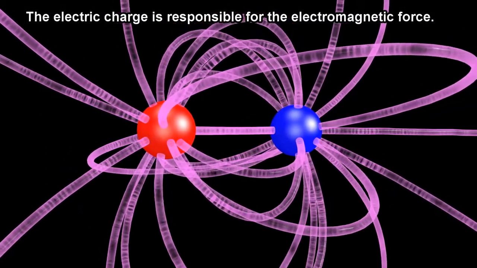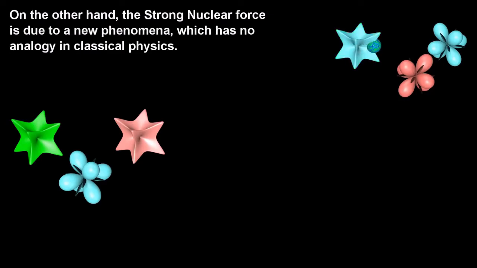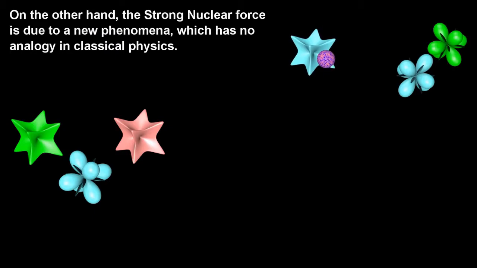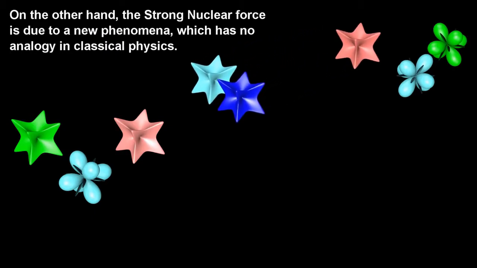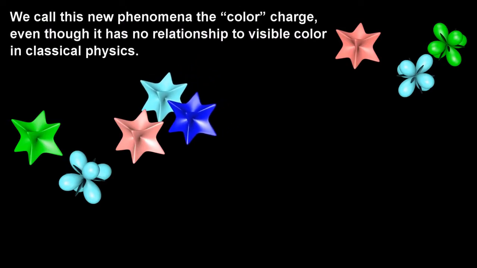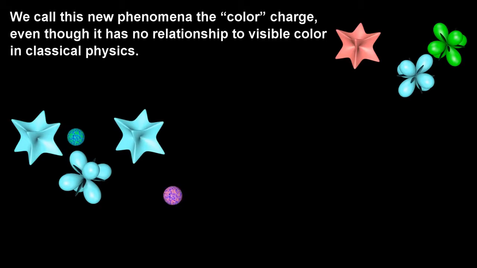The electric charge is responsible for the electromagnetic force. On the other hand, the strong nuclear force is due to a new phenomenon, which has no analogy in classical physics. We call this new phenomenon the color charge, even though it has no relationship to visible color in classical physics.